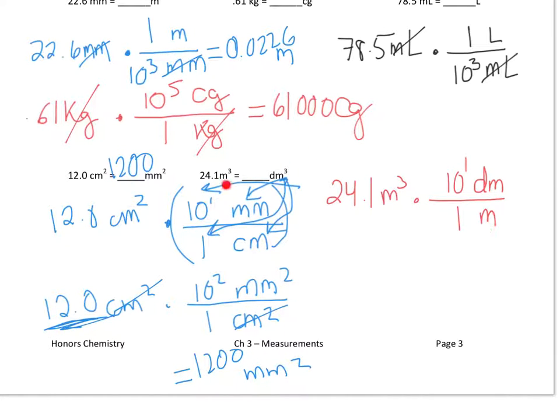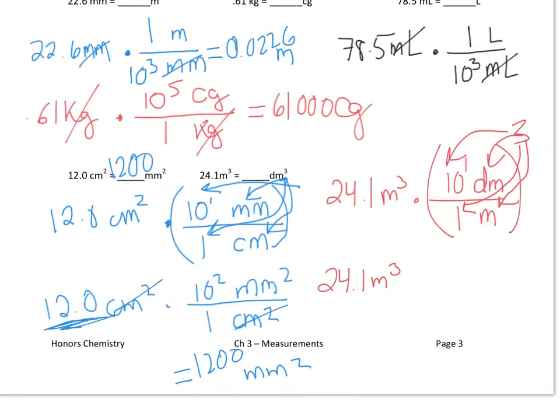But I want meter cubed to decimeter cubed. So then I cube that whole thing. So that cube distributes to everything in my parentheses. So let me rewrite it, 24.1 meters cubed. Okay, 10 to the first cubed is basically 10 to the third.